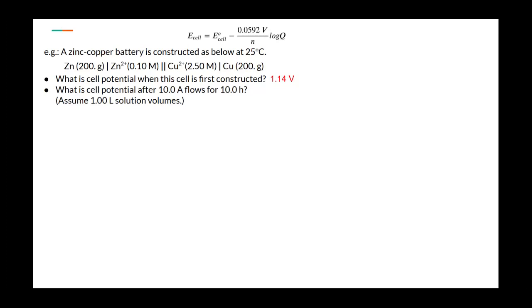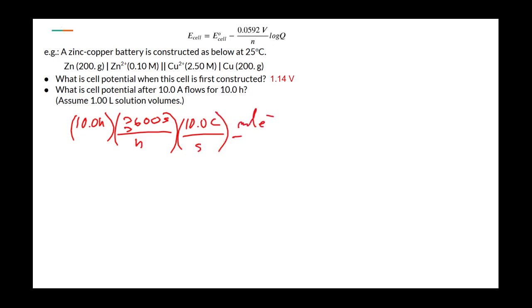Let's calculate this out by, first of all, figuring out how many moles of each of the 2 metals have been either lost or gained. We'll do that with dimensional analysis. It's been 10 hours. We know there's 3,600 seconds in every hour. The current is 10 amps, so that's 10 coulombs of charge flowing every second. There's a mole of electrons for every 96,500 coulombs.